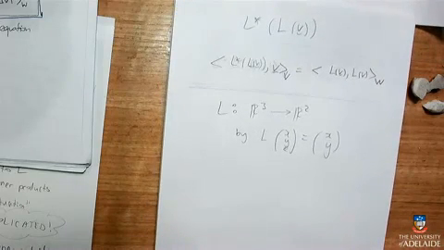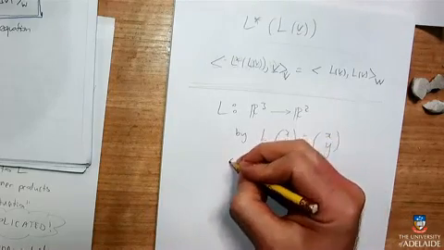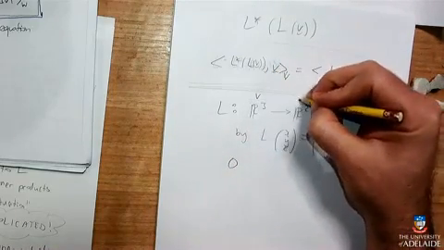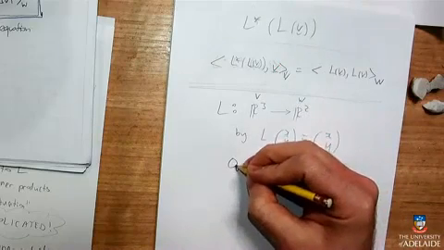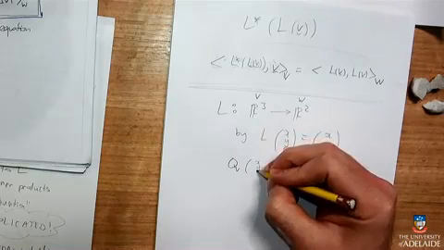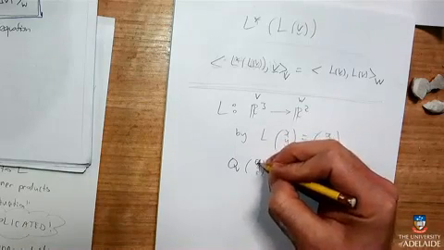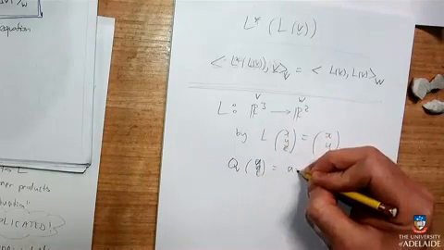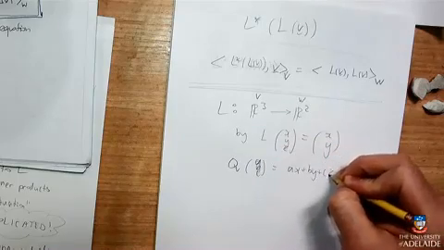Then this says, so Q, and this is V and this is W, right? So the Q in V of, like just a vector of A, B, C is the function AX plus BY plus CZ.